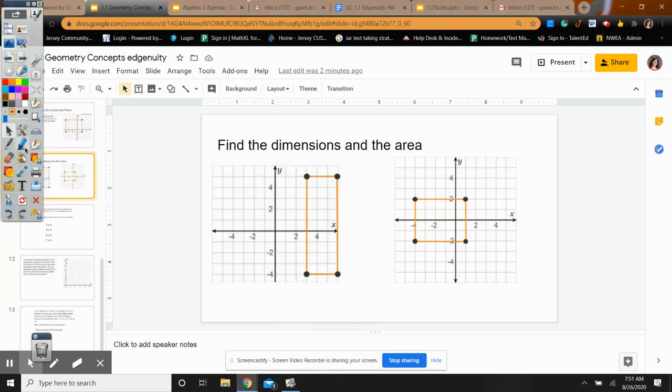Here's some more practice. So let's look at the picture. Let's do the base first. We're just finding the dimensions and then the area. This guy is starting at 3. It ends at 4, 5, 6. How far apart is it from 3 to 6? It's 3 units.